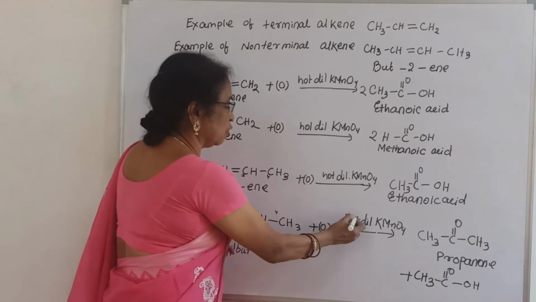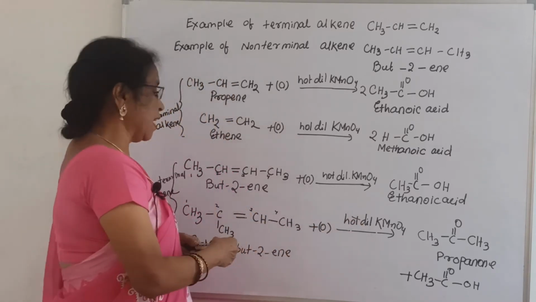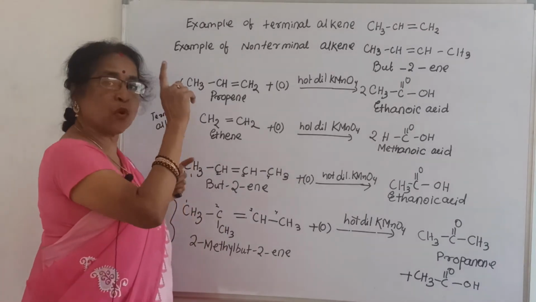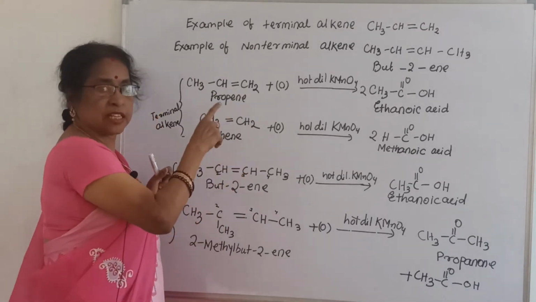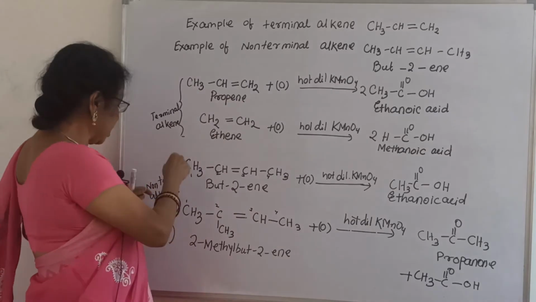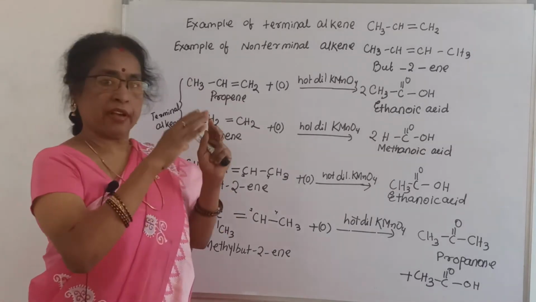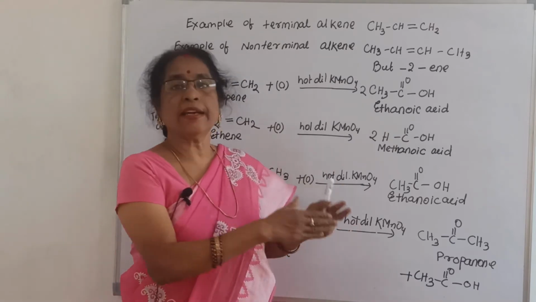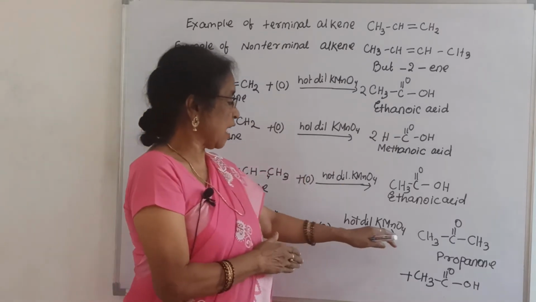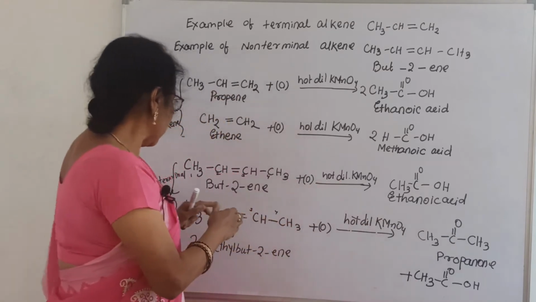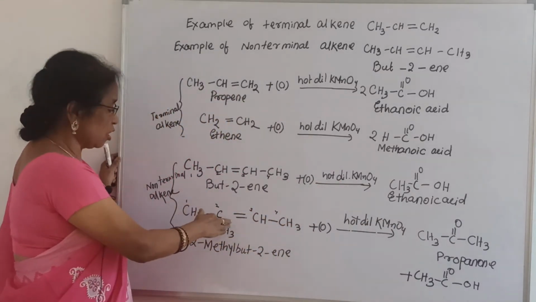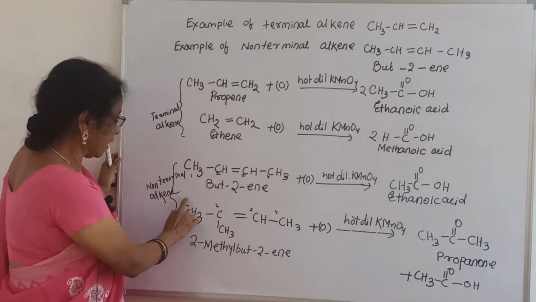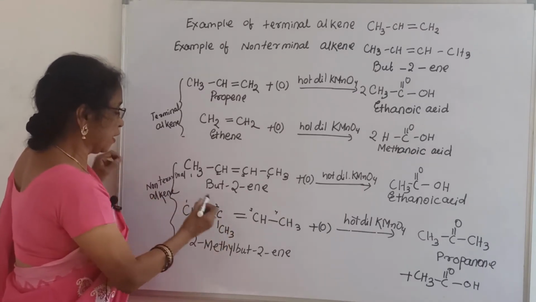hot dilute KMnO4. Remember, a terminal alkene gives only acids with one carbon less, but a non-terminal alkene gives ketone and acid. Ketone, how many carbons? 1, 2, 3. Since it is non-terminal, you can find the part where it will break.